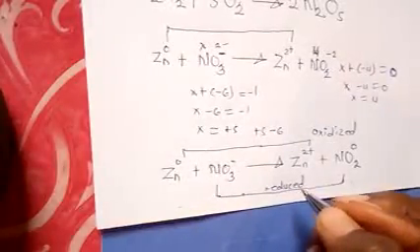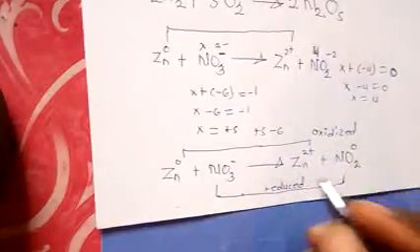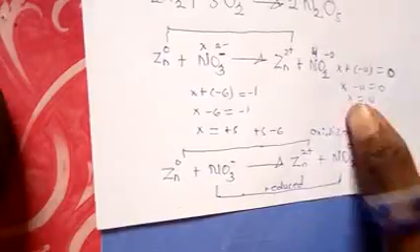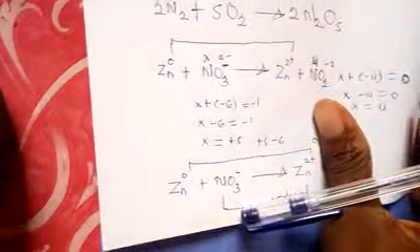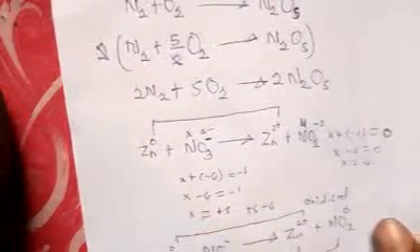So what you need to do is to balance the oxidation half reaction and the reduction half reaction. I'll begin with the reduction half reaction. This was the reduction half reaction, NO3 minus to NO2.